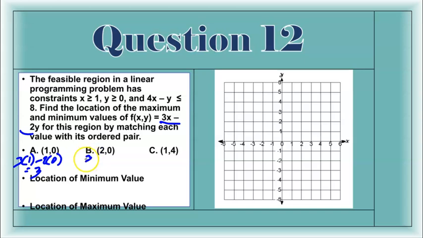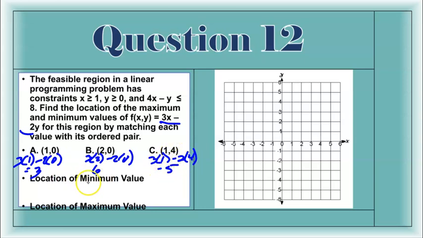If I did 3 times 2 minus 2 times 0, that gives us 6. And this one would be 3 times 1 minus 2 times 4, which will give us 3 minus 8, a negative 5.